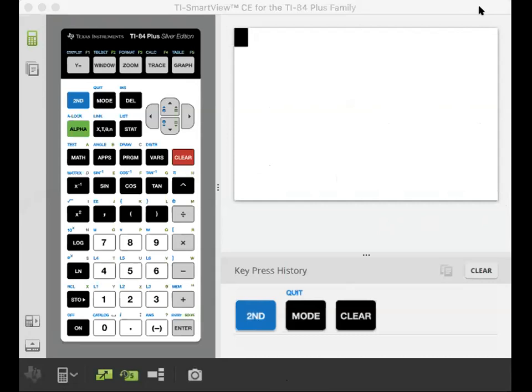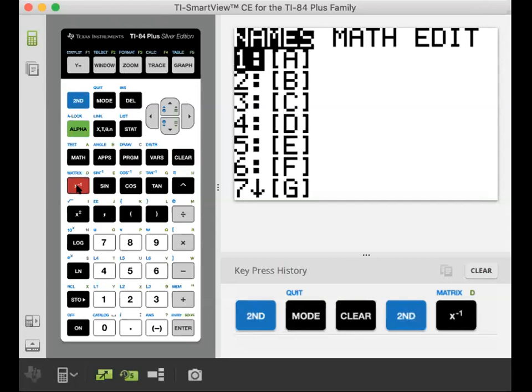So first of all, there's 2 ways to put a matrix into a calculator. One way is to say second and this inverse key, and the matrix menu comes up.